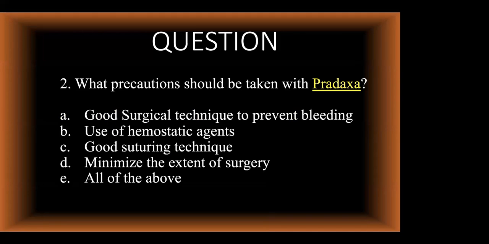What precautions should be taken surgically when a patient is on Pradaxa? You want to use a good surgical technique to prevent bleeding. You want to use hemostatic agents. You want to use a good suturing technique to keep the incision line closed. And you want to minimize the extent of surgery, meaning you're only going to want to operate on one area, either the maxilla or the mandible, and you wouldn't want to do both arches.